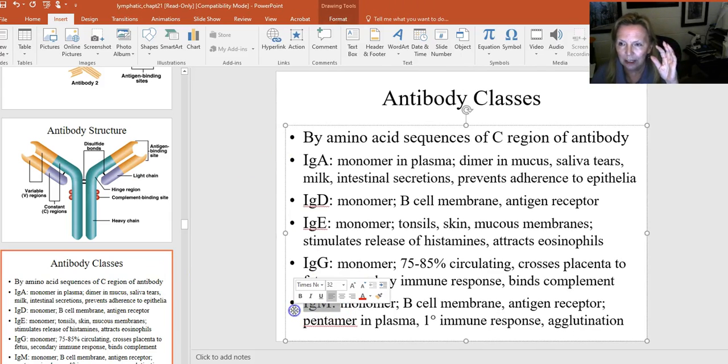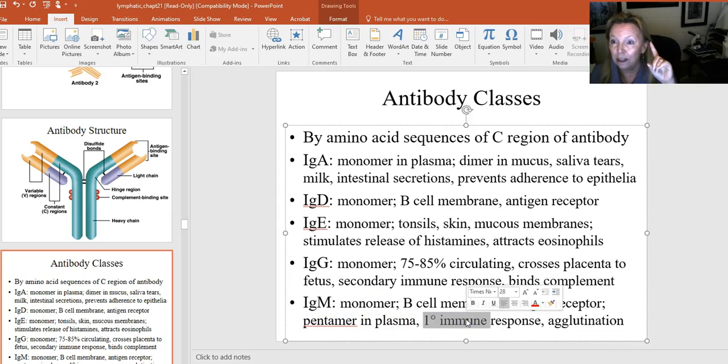What I was just explaining to you in specific immunity on the first exposure, on the initial exposure, where plasma cells actually start pumping out antibodies, was a class called IgM. And I need you to know that that's the class for the initial exposure. They're the ones that will actually be made when you first encounter.